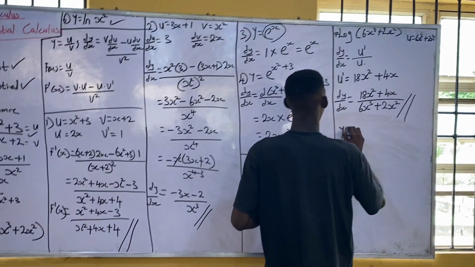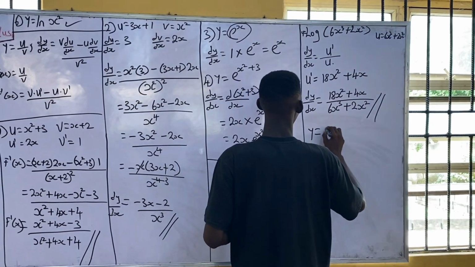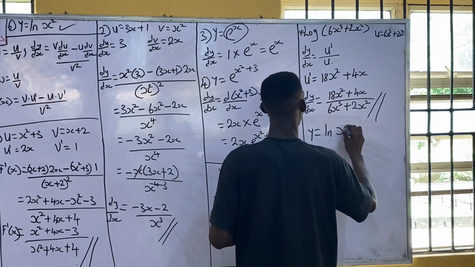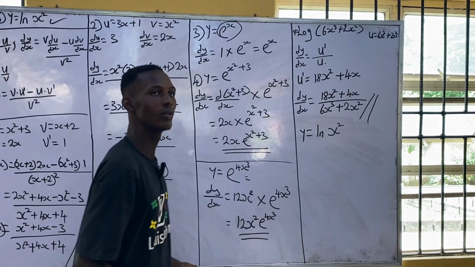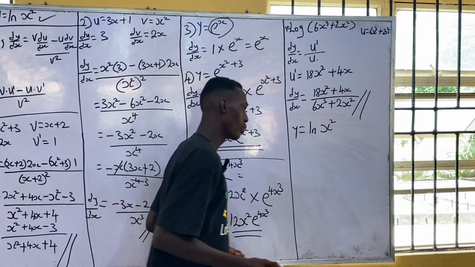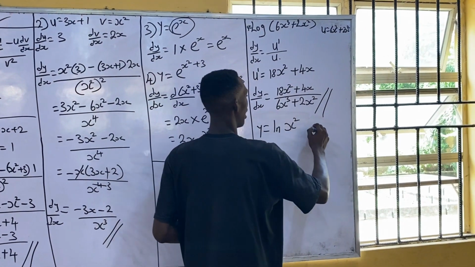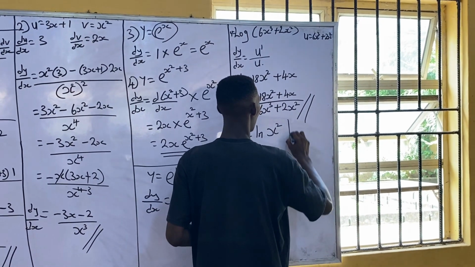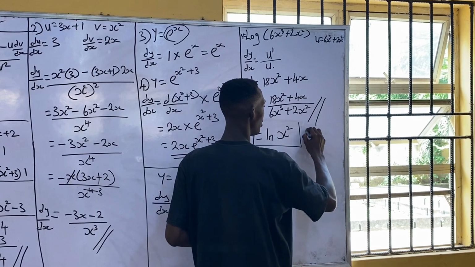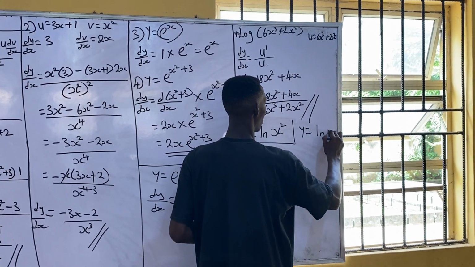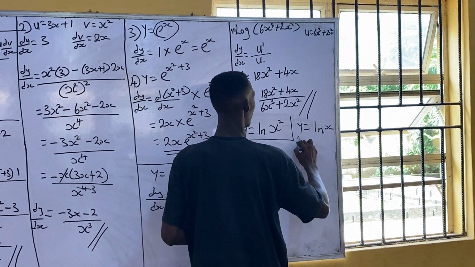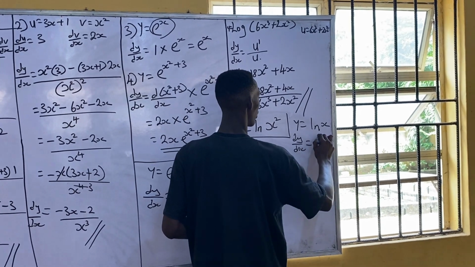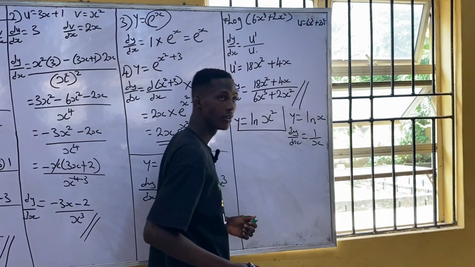Y is equal to the natural log of x squared. Now, we all know offhand that this is our question, right? We all know that if y is equal to ln x, then our dy over dx is equal to 1 over x, right?